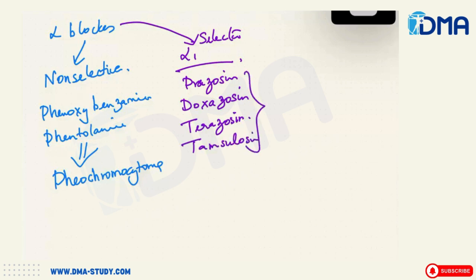It is used for the treatment of what? Answer me, what is it used in the treatment of? Urinary retention in BPH. It is used to treat urinary retention in BPH.